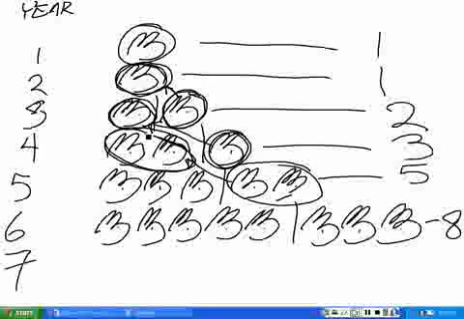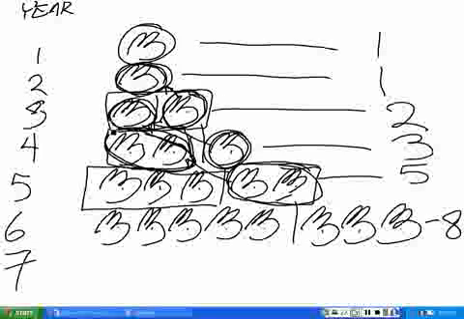So, in every given year, we have the total number of bunnies from the previous year, together with baby bunnies equal to the mature bunnies from the year before. Well, the mature bunnies from the year before equals the total number of bunnies from the year before that.